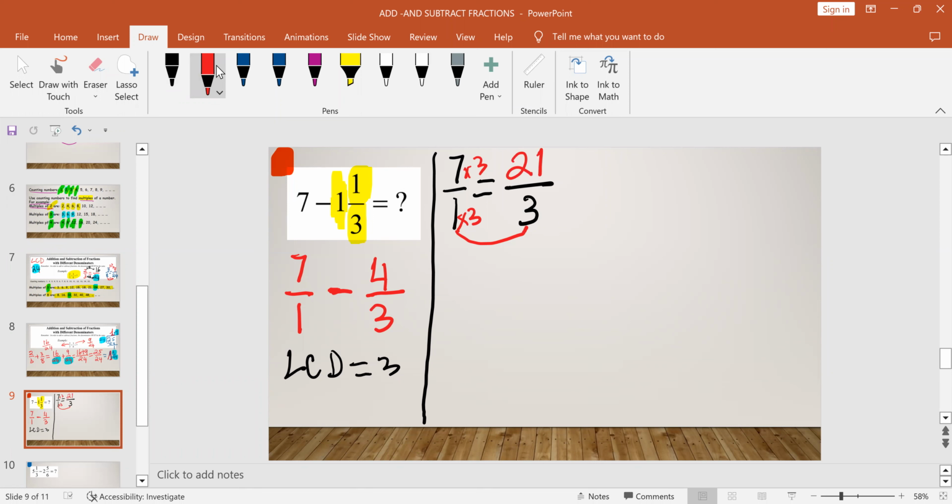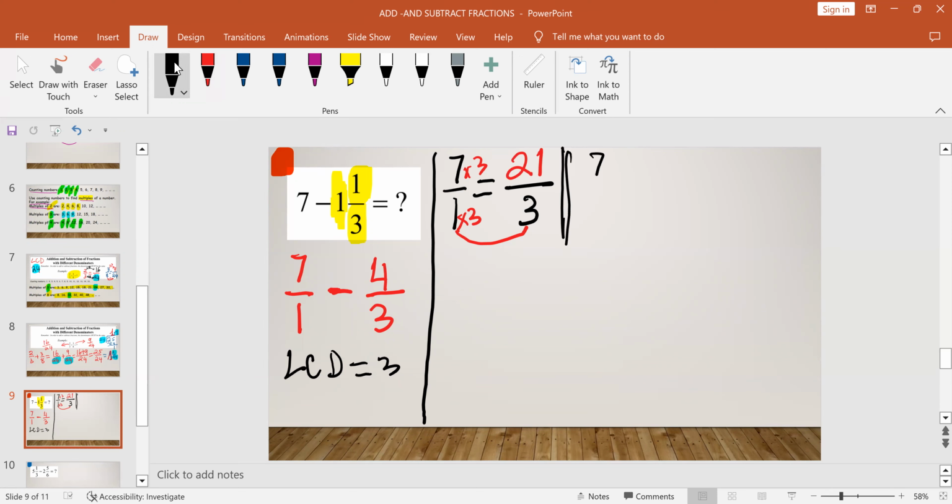Therefore, 7 over 1 is the same as 21 over 3. Even if you use a calculator, you do 7 divided by 1, the answer is 7. Or you do 21 divided by 3, the answer is 7. Okay, so the 4 over 3 will not change. Why? Because the denominator is already 3. So that is fine. Therefore, let us rewrite our two fractions.